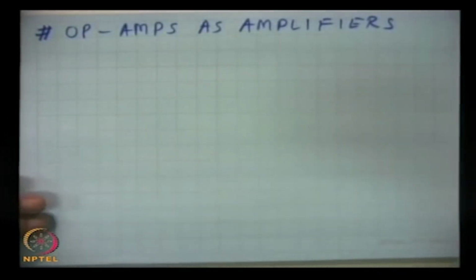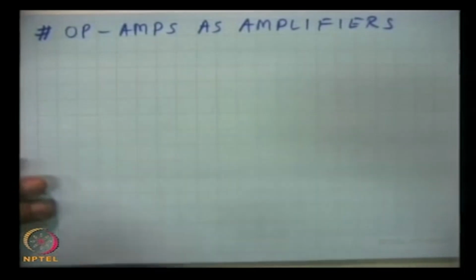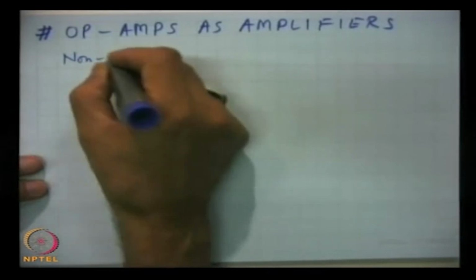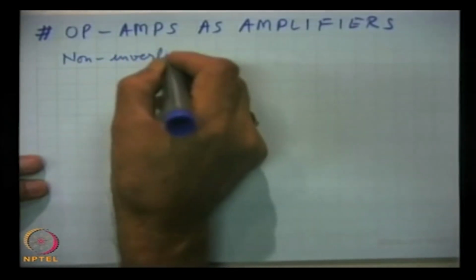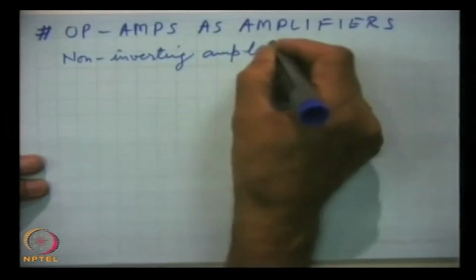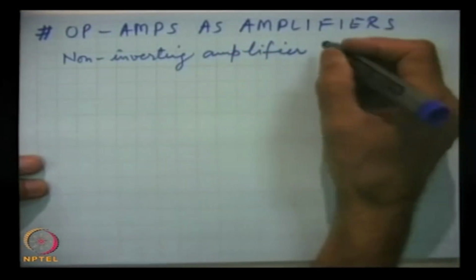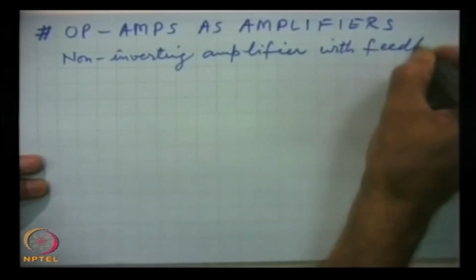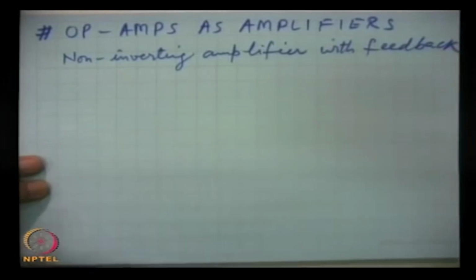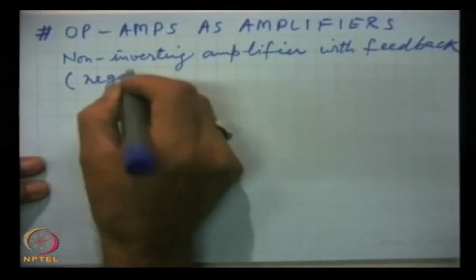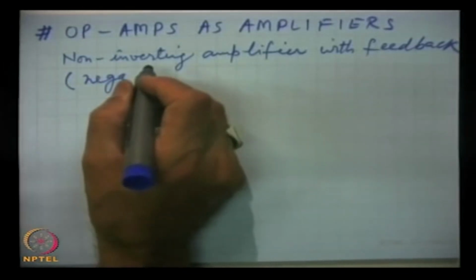First we take the non-inverting amplifier with feedback, and this feedback is negative feedback. In amplifiers we always use negative feedback.